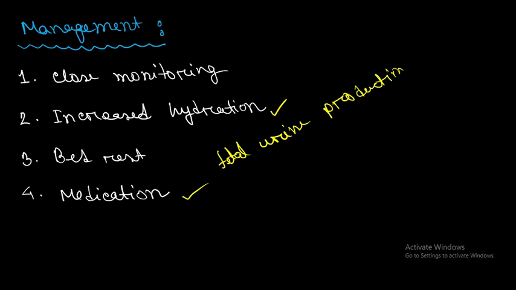It is important to note that oligohydramnios can have significant implications for fetal health and development. It may lead to complications such as fetal growth restriction and umbilical cord compression. This is very severe.